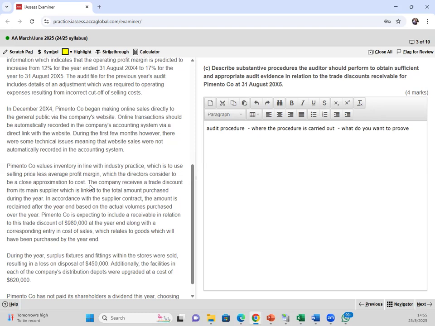So on your risk, if they are using another basis which is not the lower of cost and net realizable value, you would mention that they may have used a basis which is not acceptable by IAS 2, which may result in overvaluation of inventory.